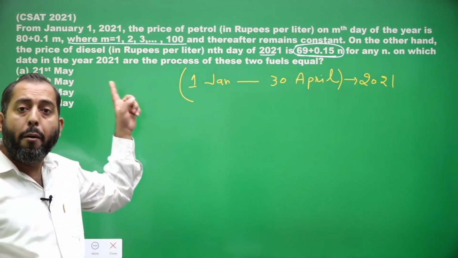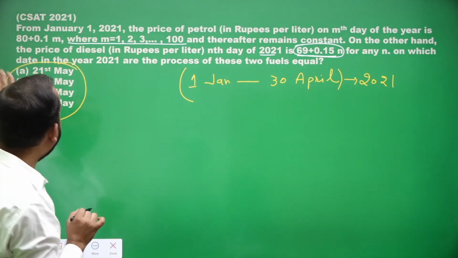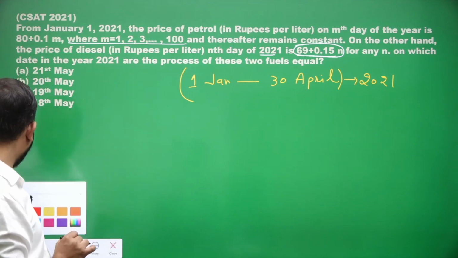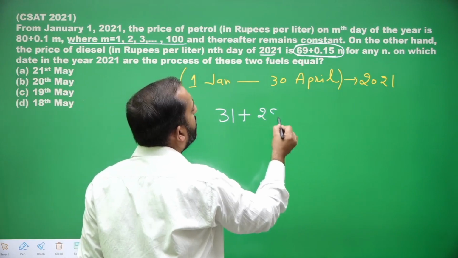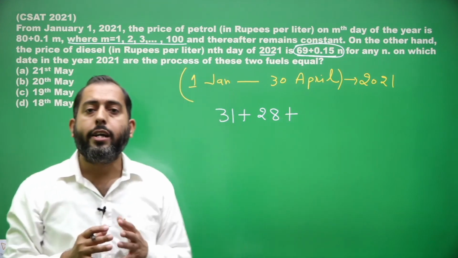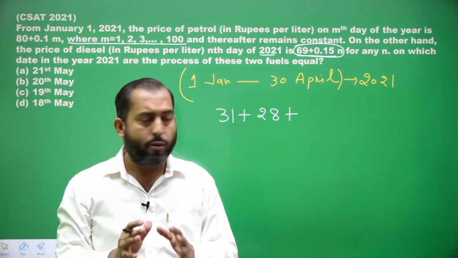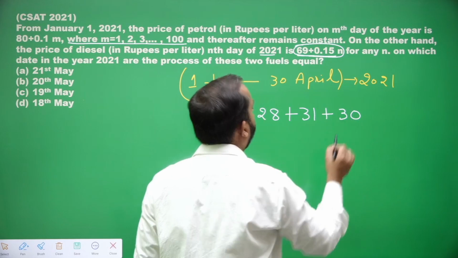May will come, and all of your options are in May. Now, in the month of January, 31 days, in the month of Feb, 28 days. Why 28 days? Because 2021 is a normal, ordinary year. Okay. Now, 28, then March 31, April 30.